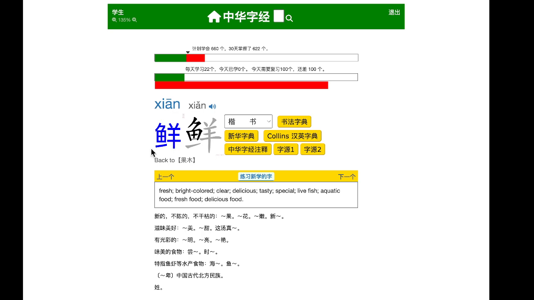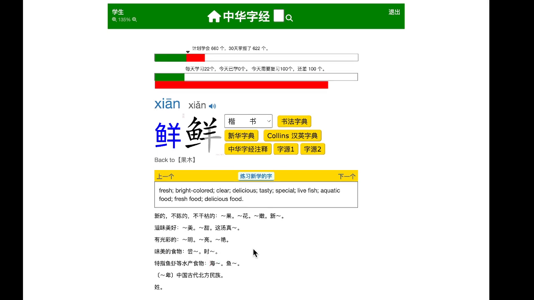But this is composed of a fish and a sheep because we're talking specifically about delicious food and live fish. This is the word for seafood is 海鲜, where 海 is the ocean. 海鲜, just delicious food from the ocean.